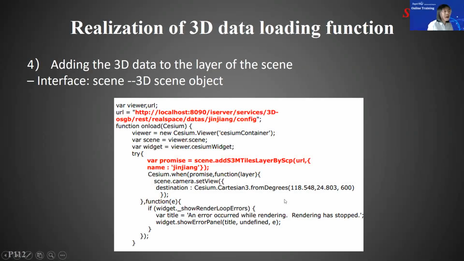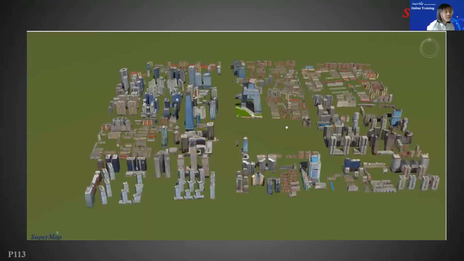That defines the camera's view, like the viewpoint of the globe. And this function e means if there is an error, what to do, and there will be an error message. That's the function.